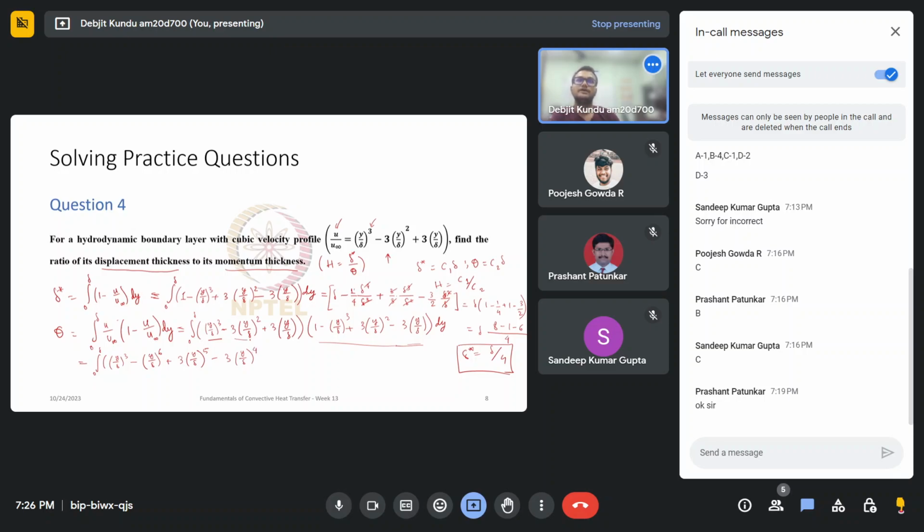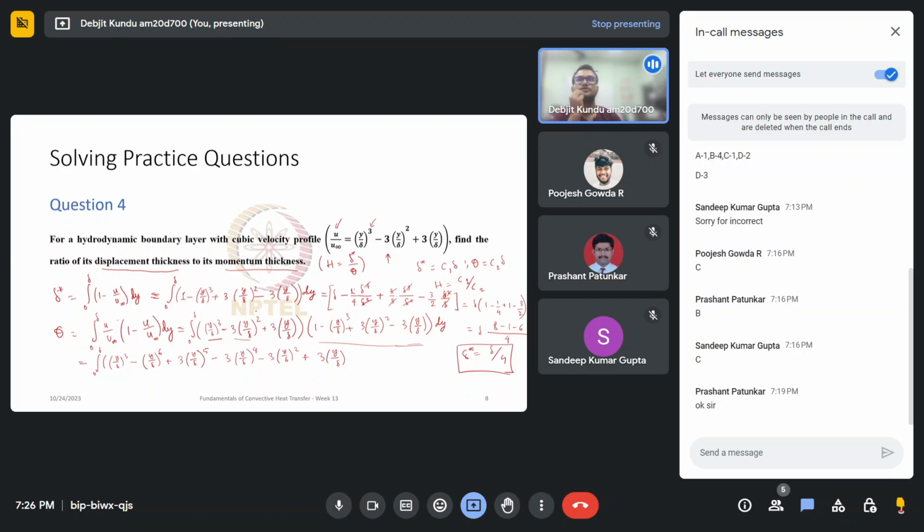Now we will multiply this term minus 3 y by delta squared with each of them. So since it's minus, this will become minus 3 into y by delta squared, then minus minus plus 3 into y by delta.